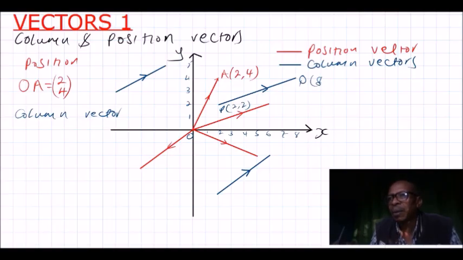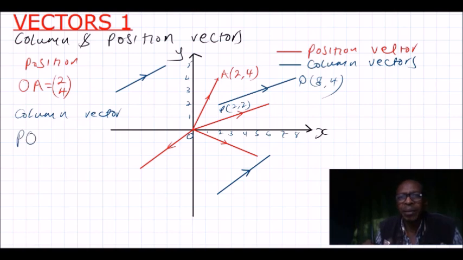So the column vector PQ is equal to, we say it is displacement in x, so we say 8 minus 2 and 4 minus 2. Displacement of x and displacement of y. So this will give us 6 and 2.